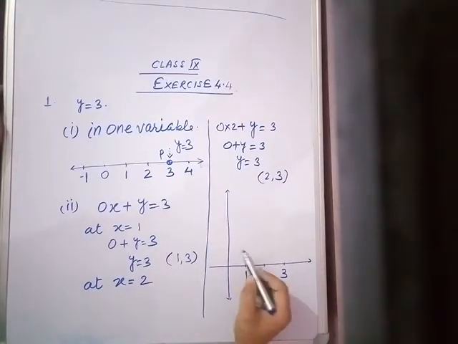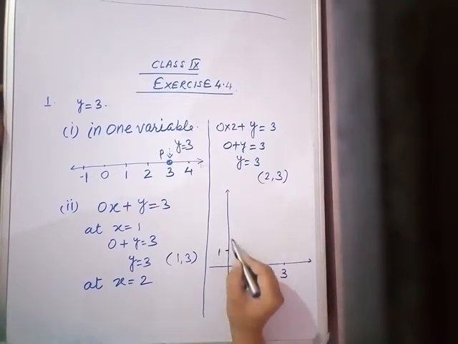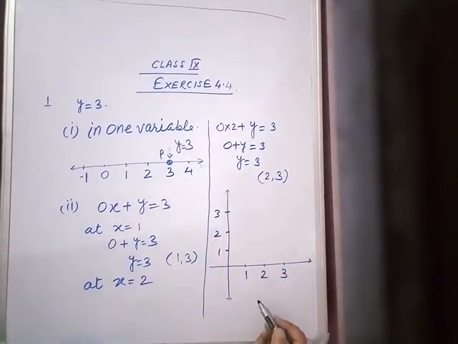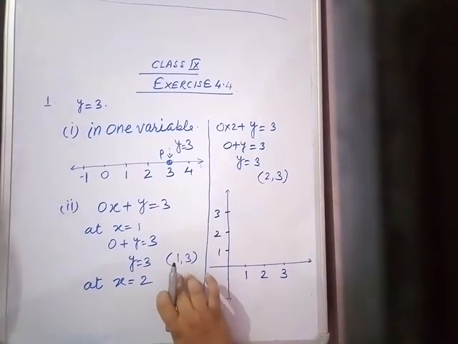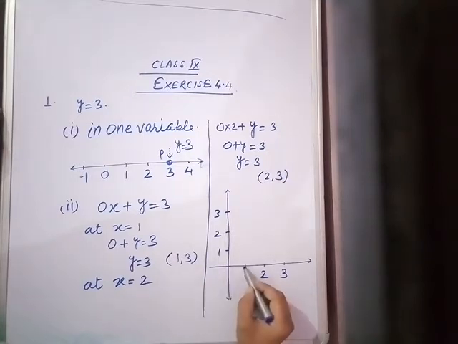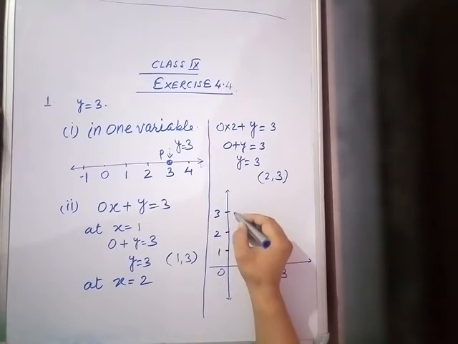Similarly, on the y-axis it is 1, 2, 3 and so on. Now plot these points (1, 3), (2, 3). So at x equal to 1, y equal to 3, so this is here.